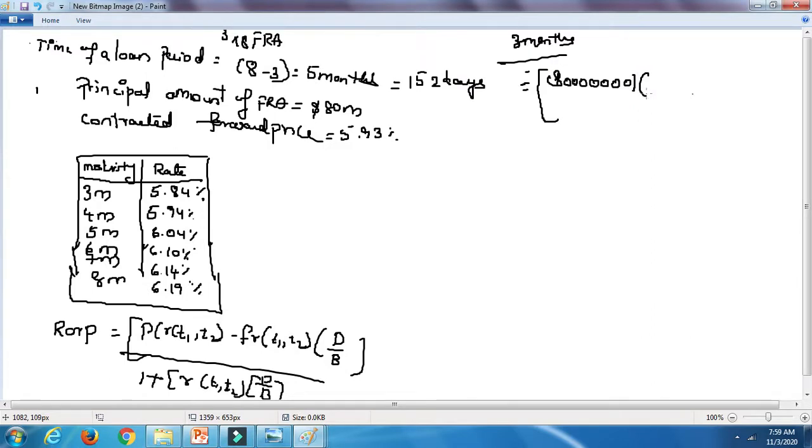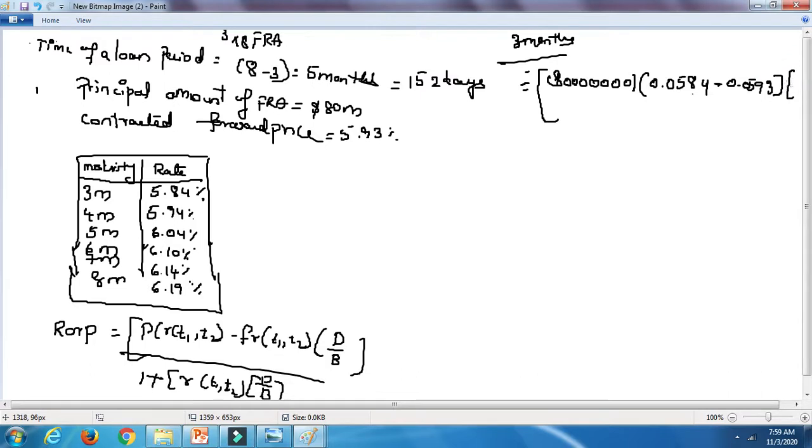R is what has been given in the question, the 3 months interest rate, 5.84, so you take 0.0584, minus the forward rate agreement rate, 5.93, so 0.0593. Close the bracket.